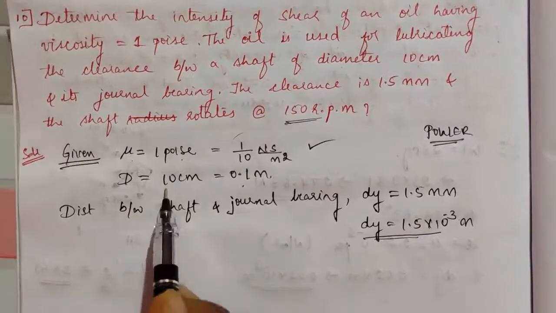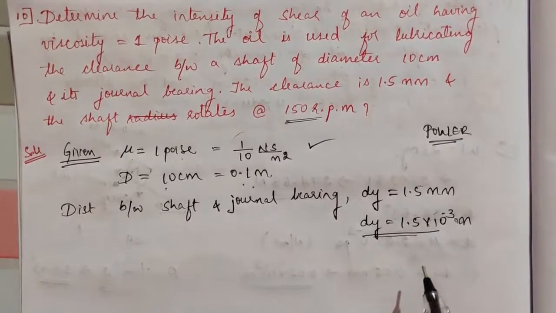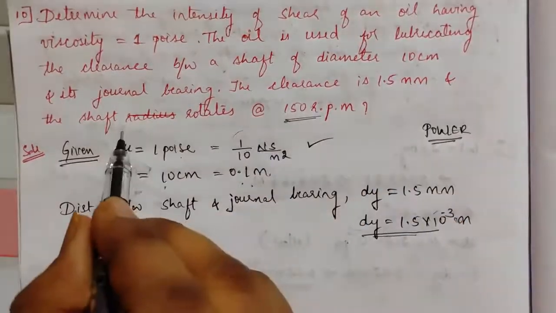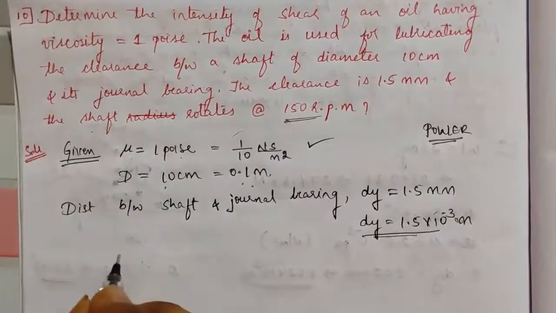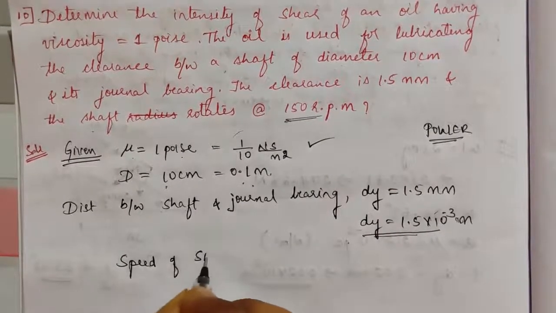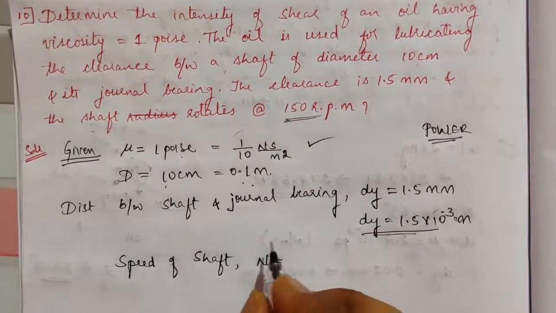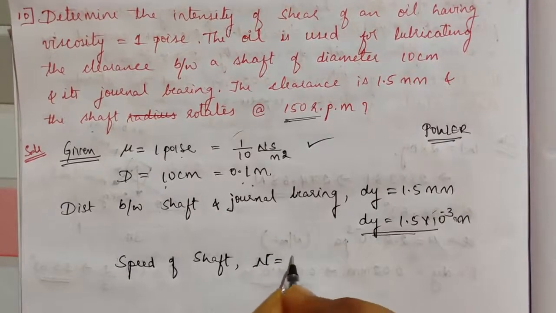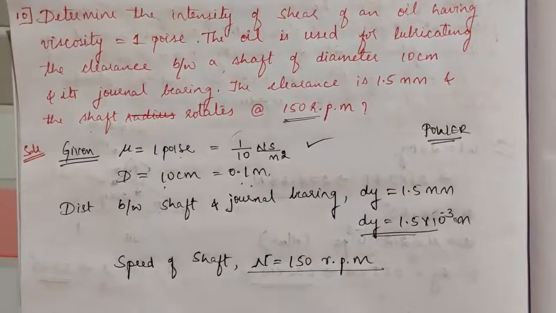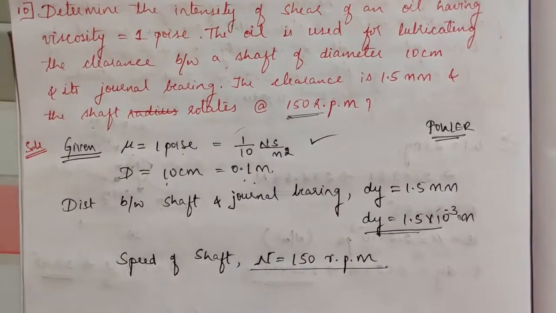I converted the diameter to 0.1 meter, and I also converted the distance between the shaft and the journal bearing. The speed of the shaft they have given, I'll term it as n, and it is 150 rpm, rotations per minute.